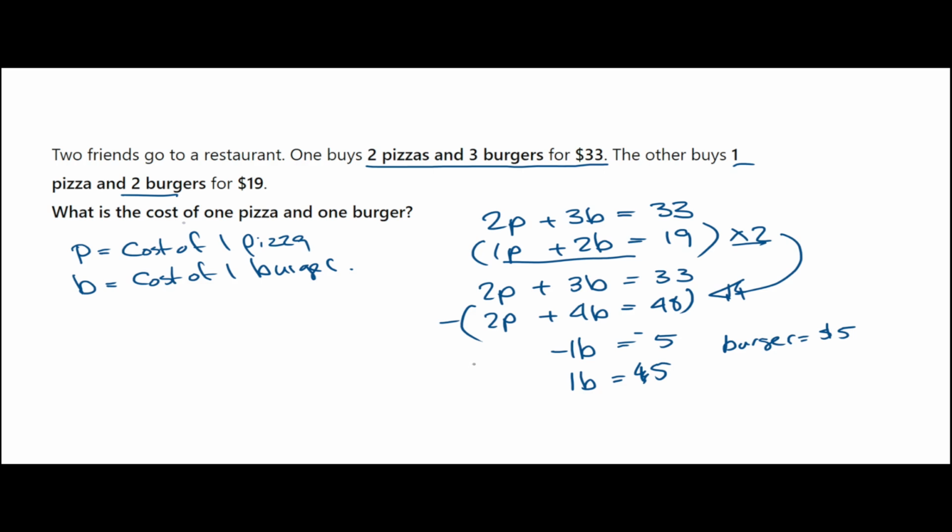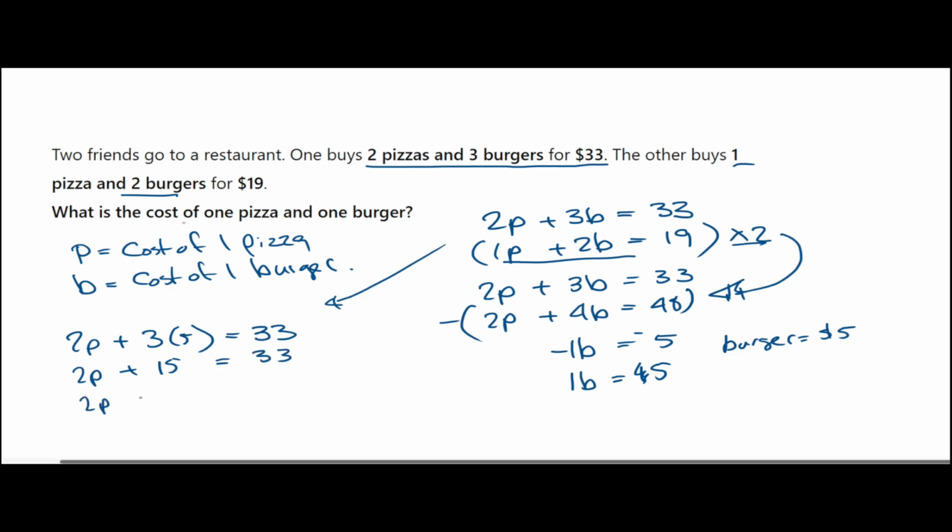Now we know what 1 burger is. We can just come up here and substitute it into either of these. Let's substitute into the top one. So 2 pizzas plus 3 burgers, and the burgers are $5, came to $33. So 2p plus 15, 3 times 5 is 15, equals 33.